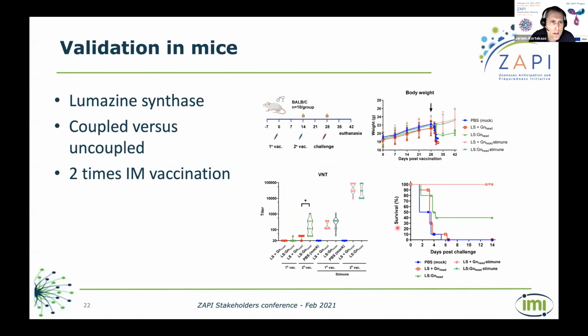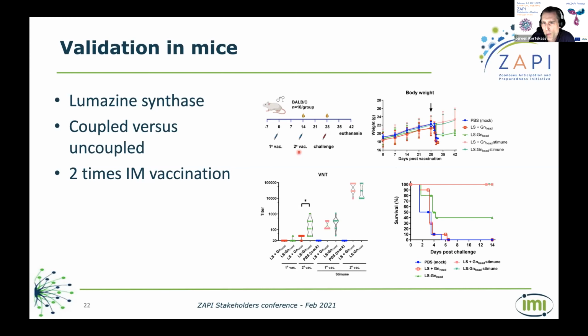Okay, so we did a first validation in the mouse model. These are BALB/c mice, where we used the lumazine synthase particle with the GN head domain. We compared coupled and uncoupled antigen to investigate if the coupling really adds to the immunogenicity and the efficacy. We used a 2-time vaccination regimen and a challenge after 2 weeks.